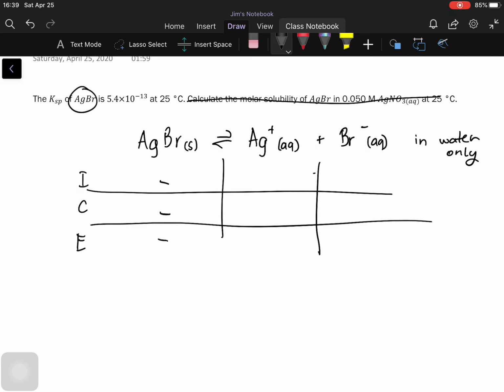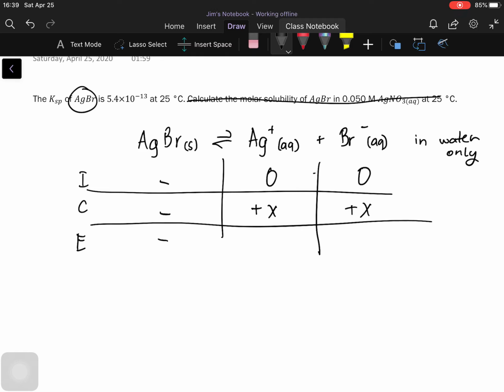So initially, if our silver bromide is in water solution, the concentration of silver is 0 as well as bromide. That's also 0. And according to the reaction quotient, the direction of reaction is going to the side without concentrations. So the change in the concentration for silver is positive x because the coefficient for silver is 1, and the same is also true for bromide.